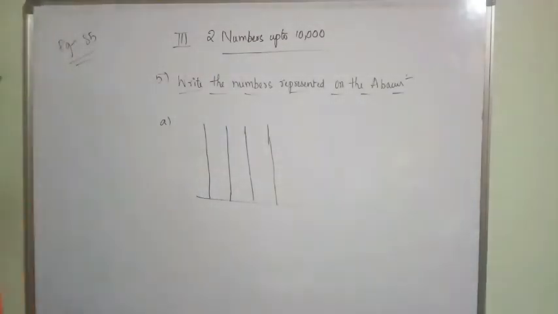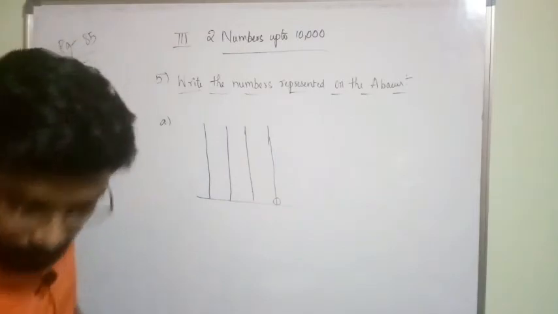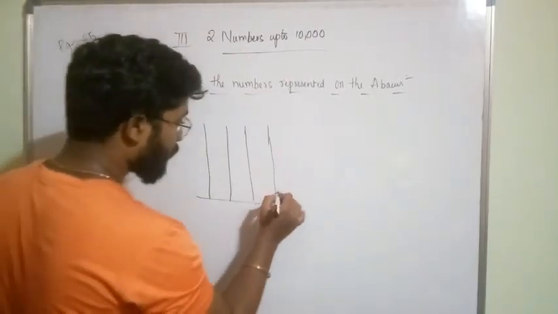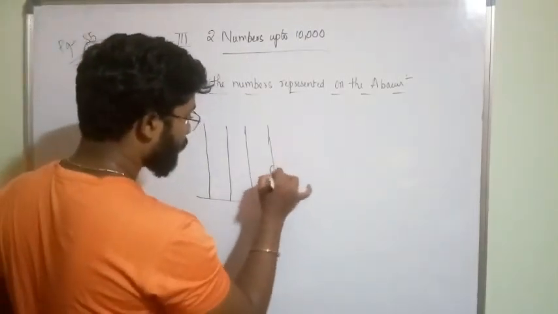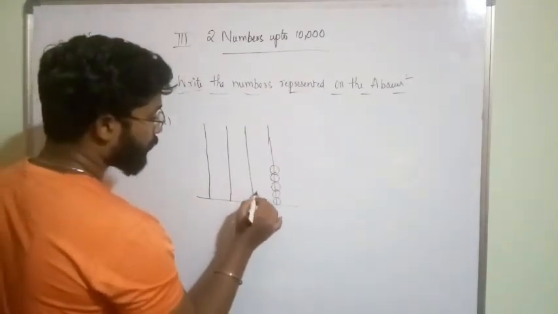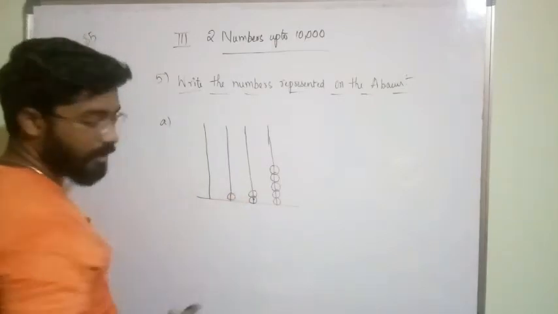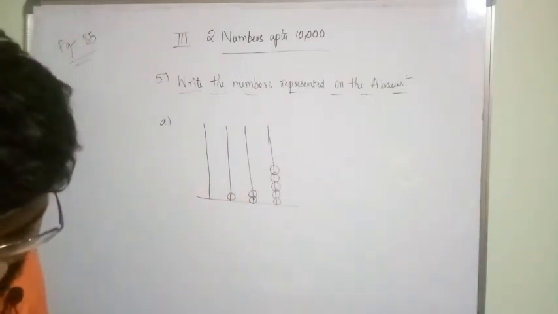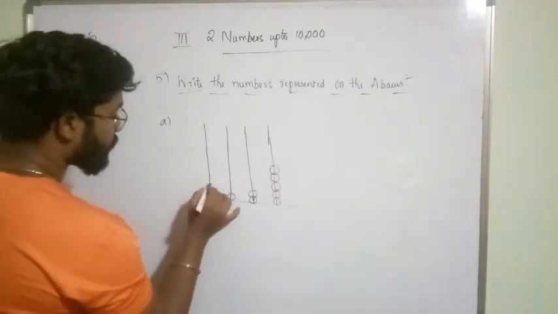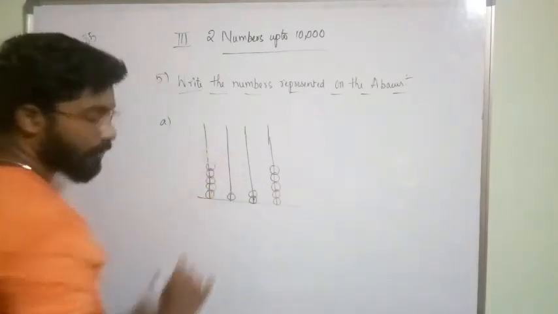Okay, so the ones rod is having how many beads here? 5 beads are there. 1, 2, 3, 4, 5. Next, the tens rod is having 2 beads. The hundreds rod is having 1 bead. This thousands rod is having 7 beads. 1, 2, 3, 4, 5, 6, 7.